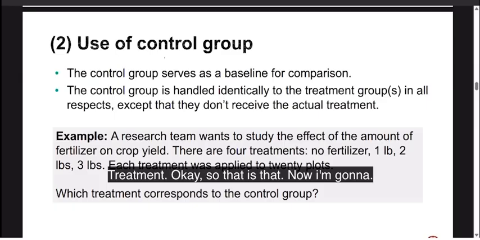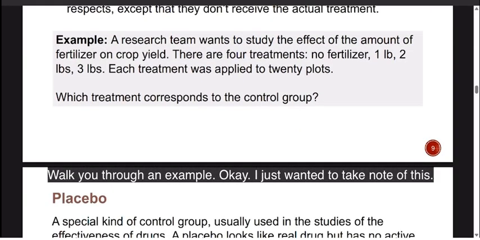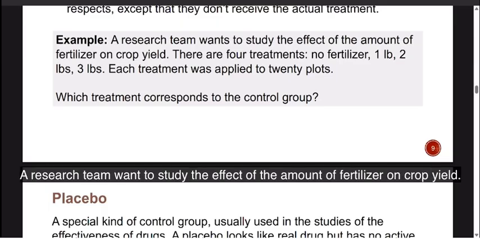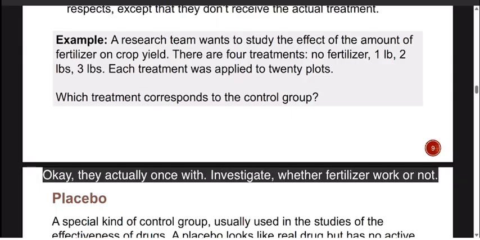Now I'm gonna walk you through an example. A research team wants to study the effect of the amount of fertilizer on crop yield. They actually want to investigate whether fertilizer works or not.